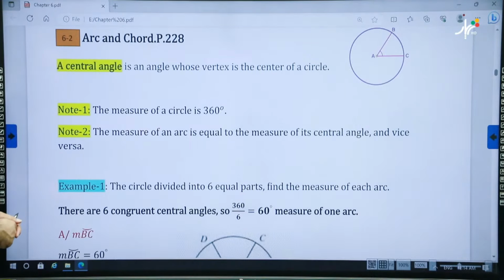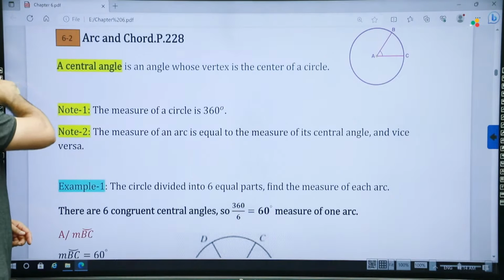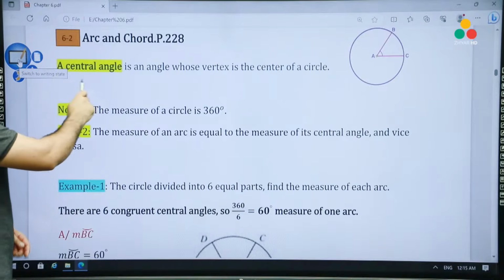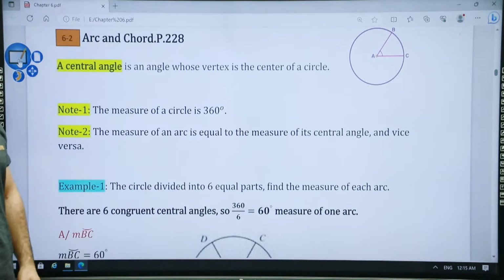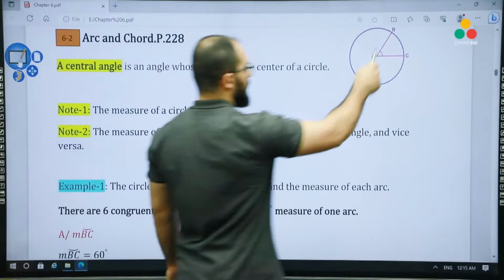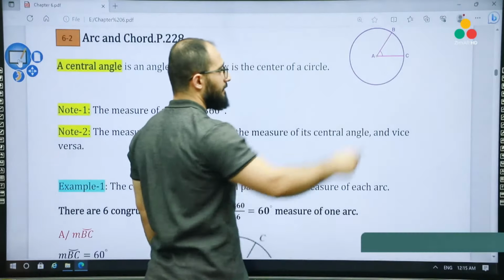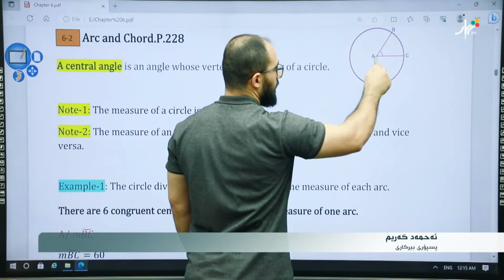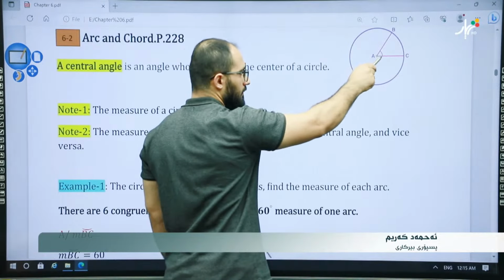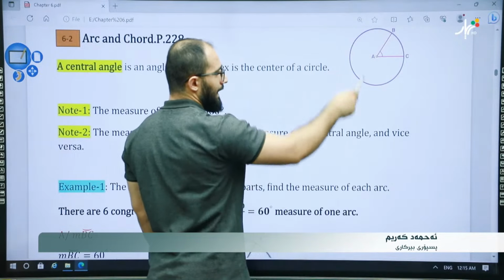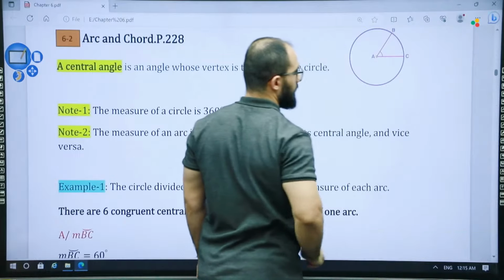So first, we have a central angle. A central angle is an angle whose vertex is the center of a circle. If you look at the circle here, we have an angle, and the vertex of the angle is in the center of the circle.